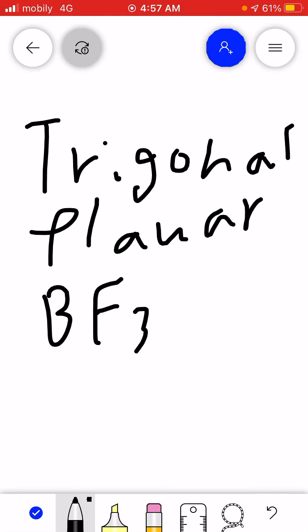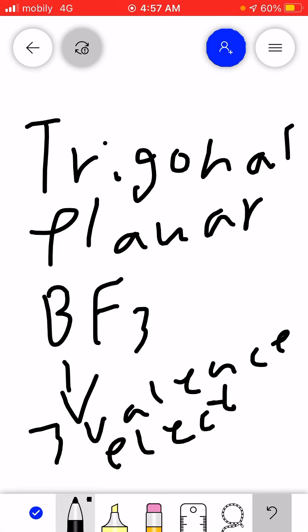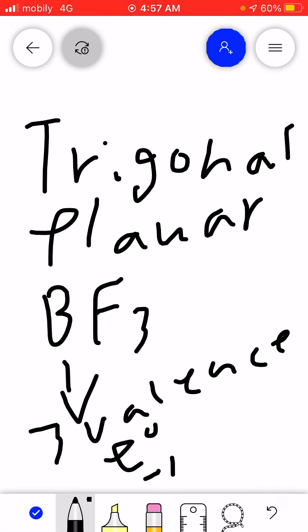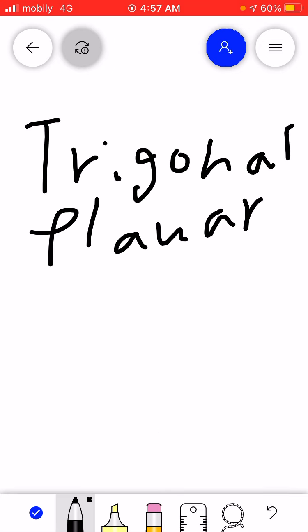And why we say it's BF3 is it basically contains 3 valence electrons, and F3 means it contains 3 bonds.